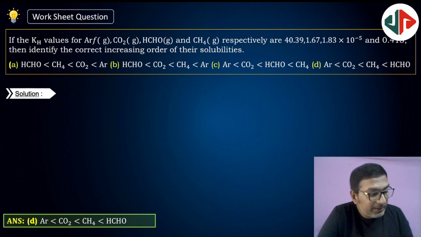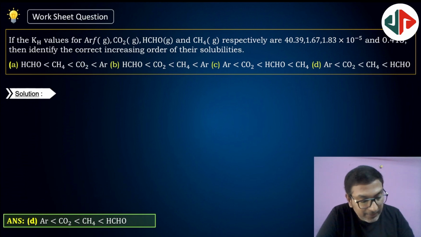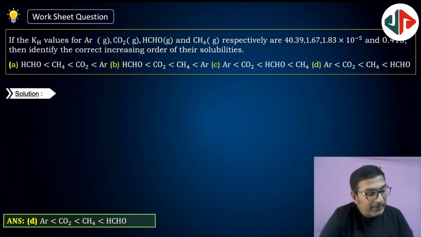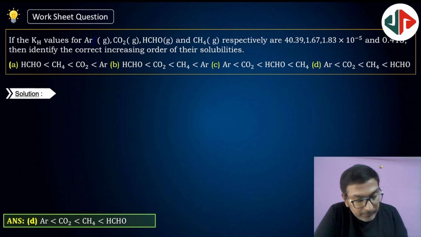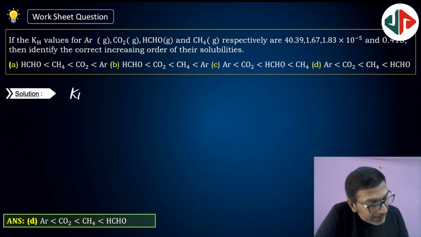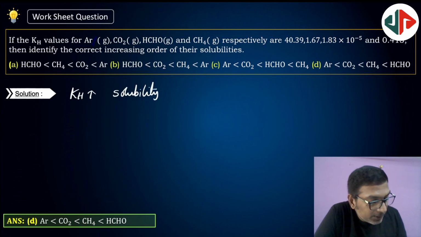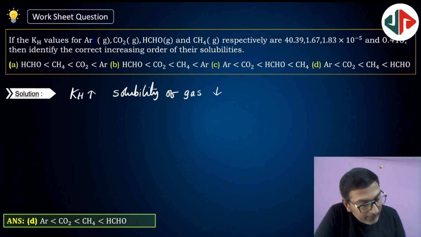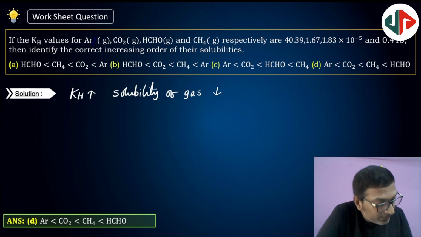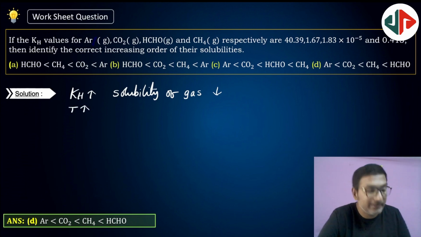Next, the KH values for argon, CO2, formaldehyde and CH4 are given. We have to find solubility. As the KH value increases, the solubility of the gas decreases. As the value of KH increases, with temperature also increasing, solubility of the gas decreases.